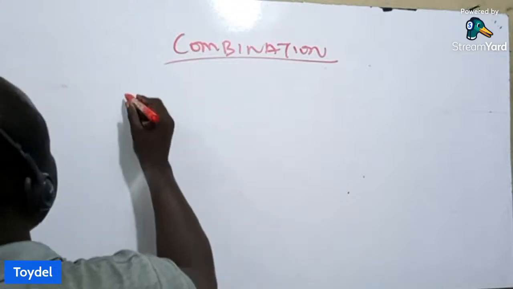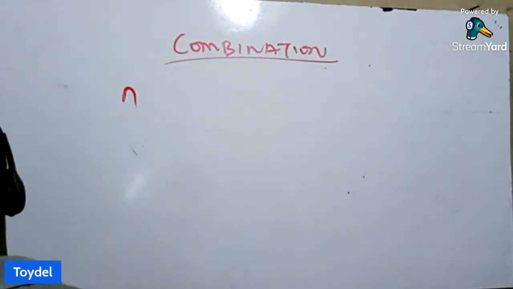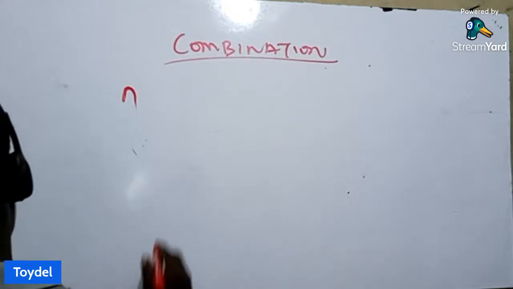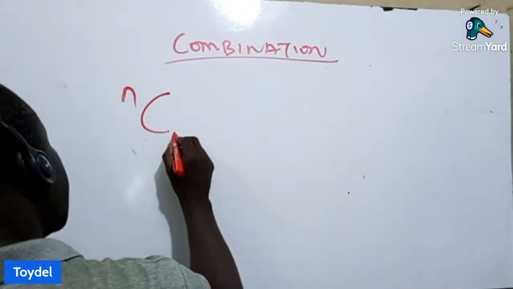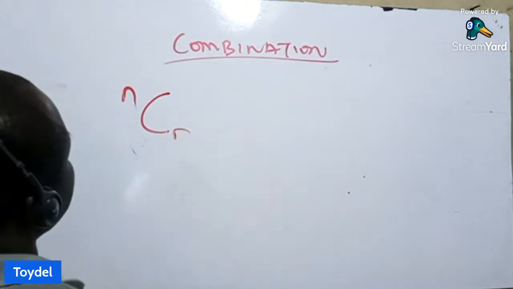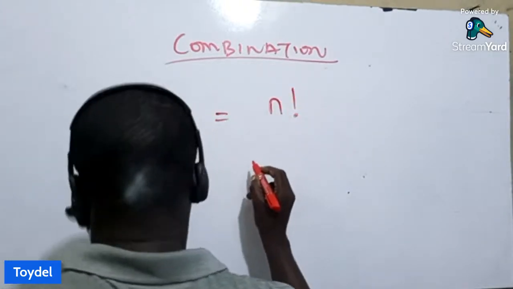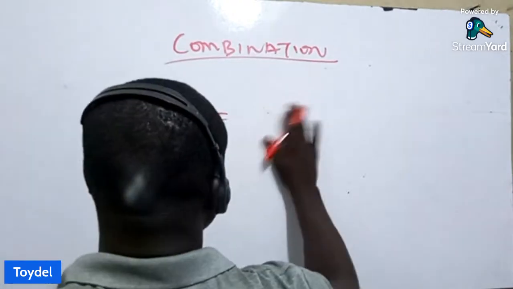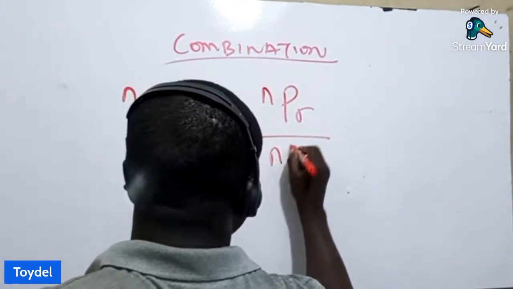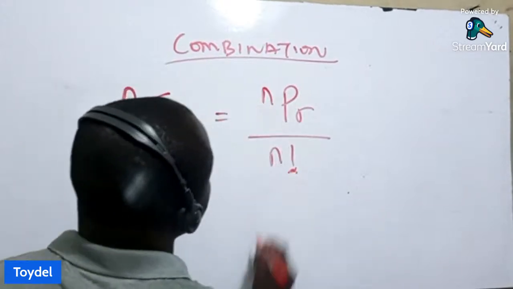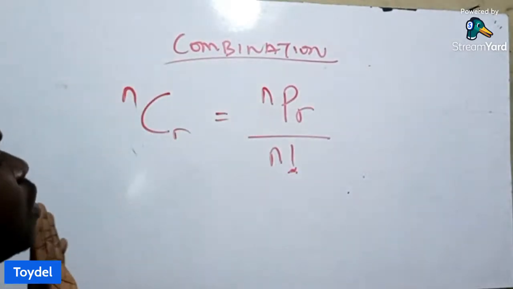If you have n objects, the number of ways r objects can be selected from n objects is given as n combination r. By formula, this is going to give us the permutation, in this case n permutation r divided by n factorial, because under combination the order of arrangement is not taken into consideration.